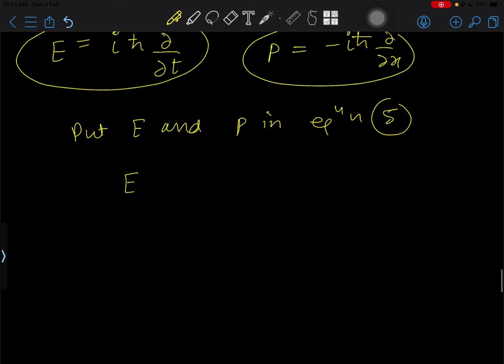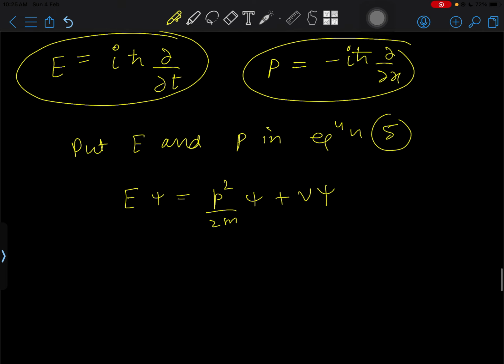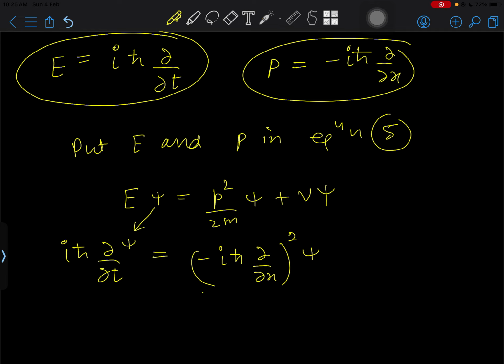Let us consider E psi is equal to p square upon 2m psi plus V psi. So E can be written as i h cut del over del t, and psi here as it is, p square means i h cut del over del x whole square into psi upon 2m plus V psi.